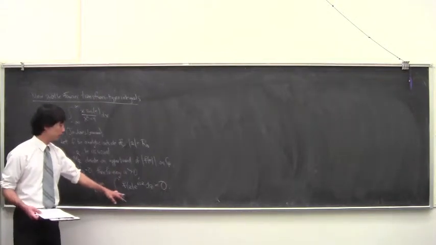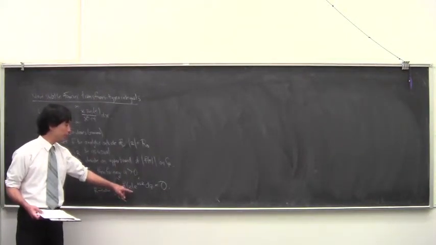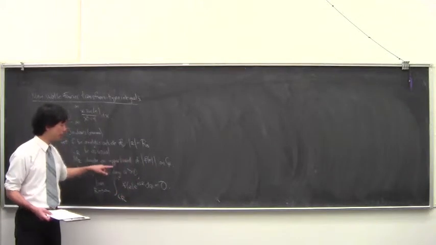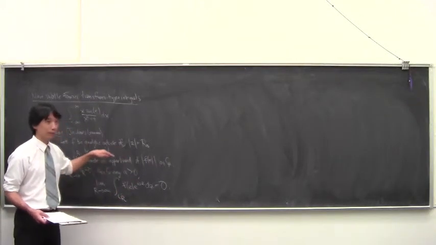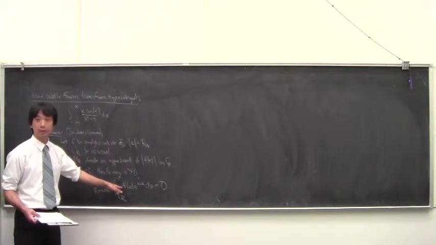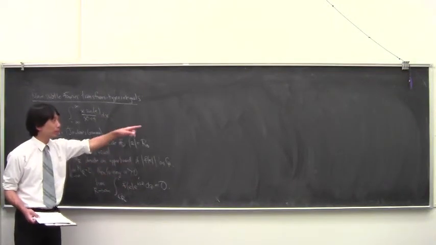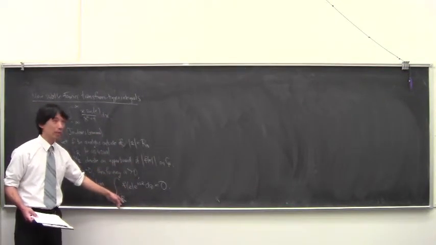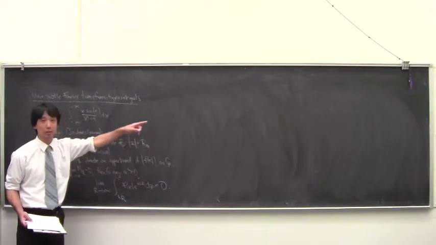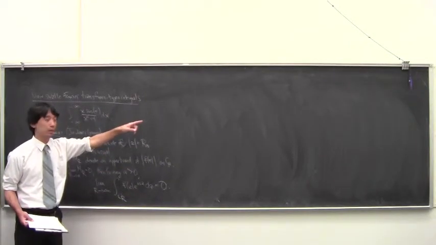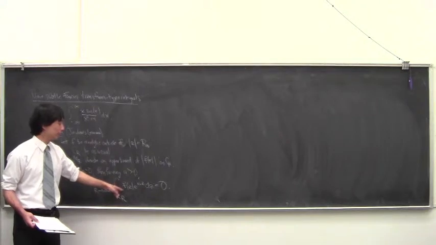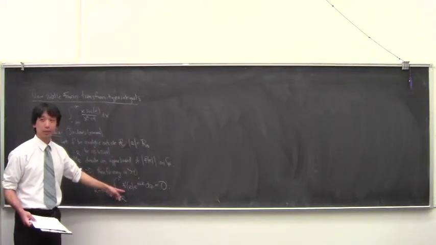So the limit of the integral over the upper half circle goes to 0, and so that's what we wanted, right? We wanted to make that thing go to 0, but we couldn't do it by straightforward methods. However, we can do it by using Jordan's lemma.